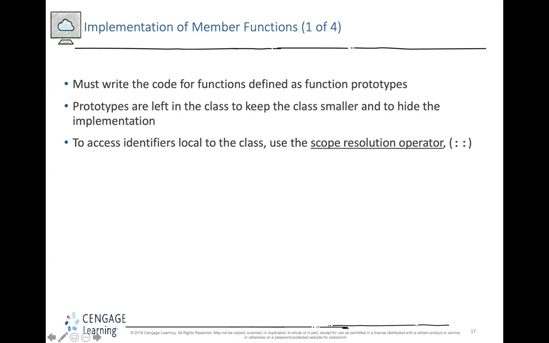It tells the compiler, okay, this function belongs to this class. In the class, it may have only the prototype, which declares it. Now you're defining it with a body. So you have to use that. We'll see a couple of examples like this, and just some specifics of the language.